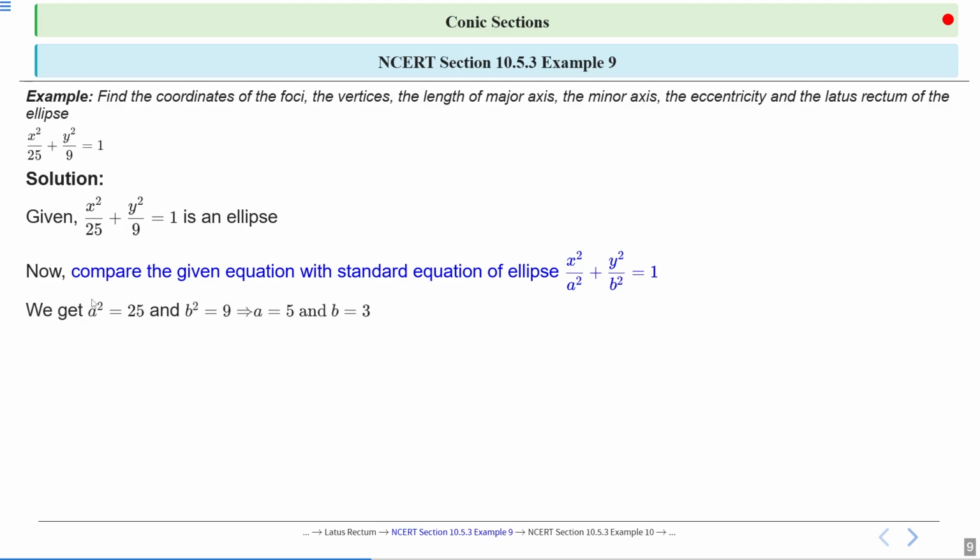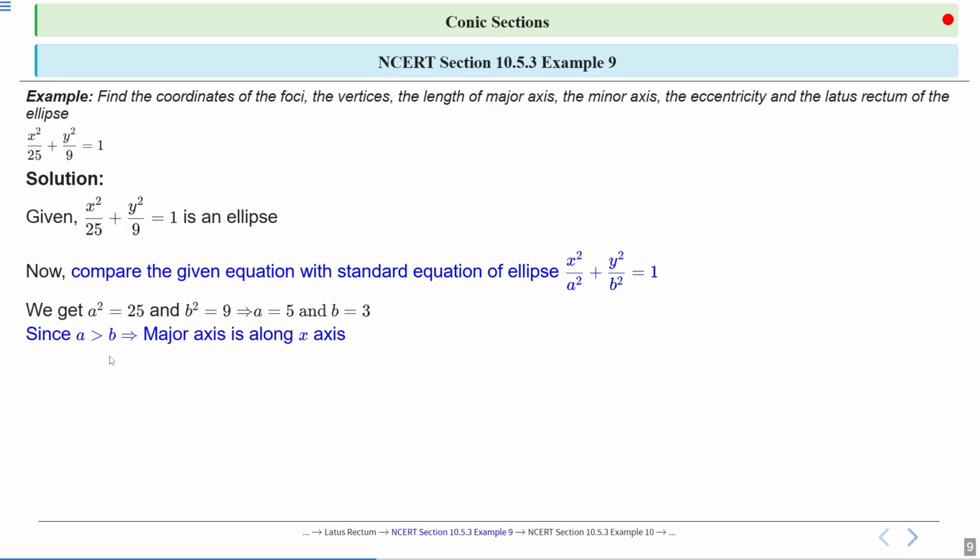So we get here a square is equal to 25 and b square is equal to 9. After taking square root on both sides, we obtain the value of a is 5 and the value of b is 3. So a is 5 and b is 3.